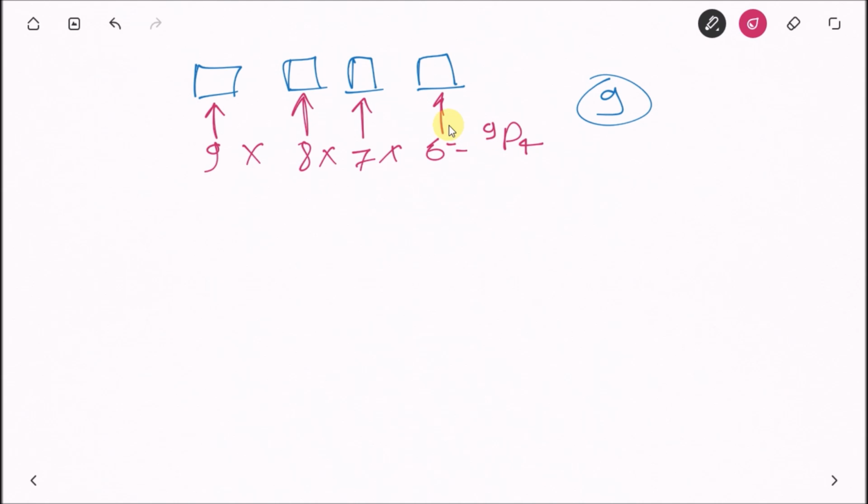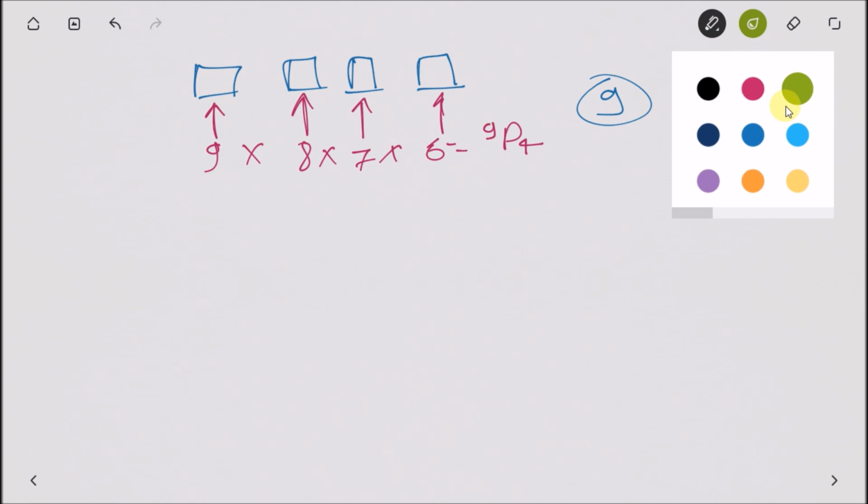There are a total of 10, but now 9 options, because the one person who is physically challenged is removed. So here's the answer. It's very simple. You can do it on your own.